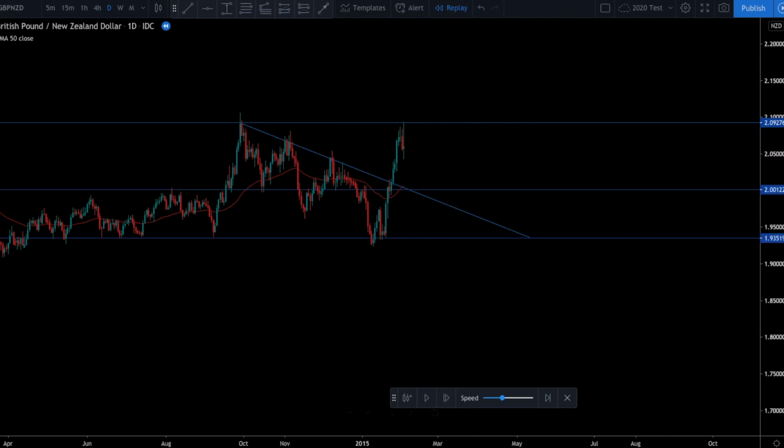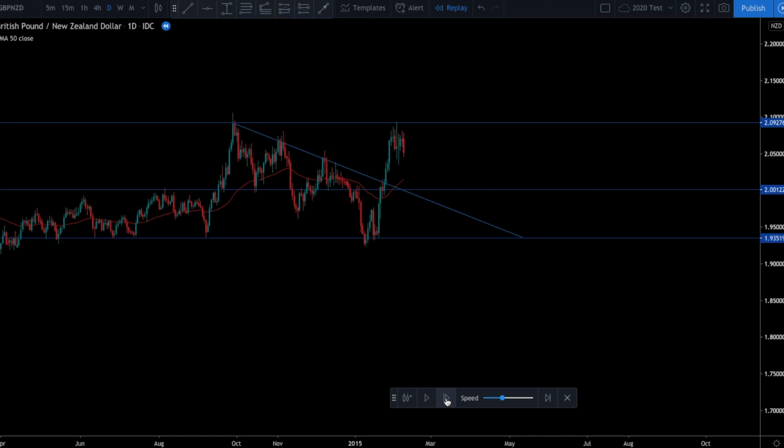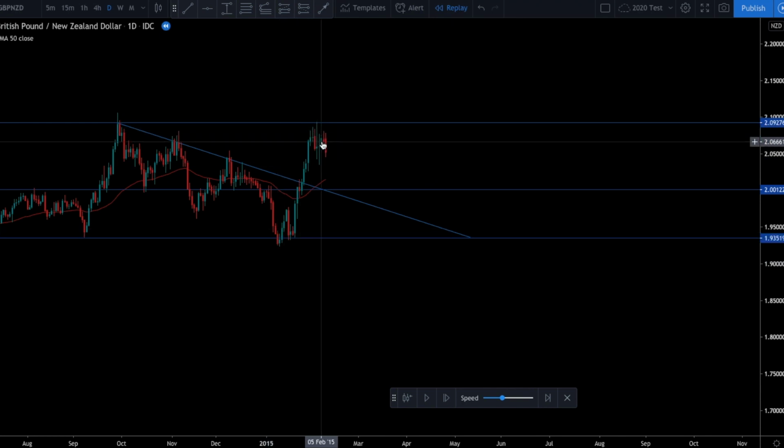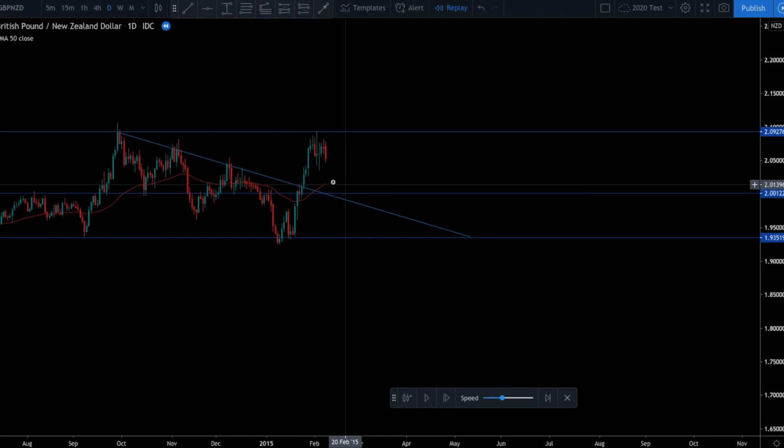I'm not liking a short here yet. So this looks pretty good for a short. It had come up, it's decelerated for a while. I think it has room to pull back to here. So we're going to call this a short trade.